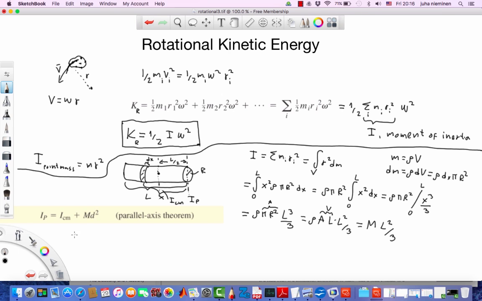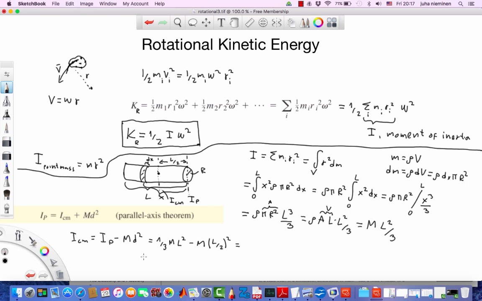And now we can go about this and in fact calculate the moment of inertia through the center of mass by using this formula. So what we get is I_P minus m times d squared. And the moment of inertia I_P is what we had here about this parallel axis. So that was 1/3 m L squared, and then we have to subtract the mass times the distance squared. So that's going to be L over 2 squared.